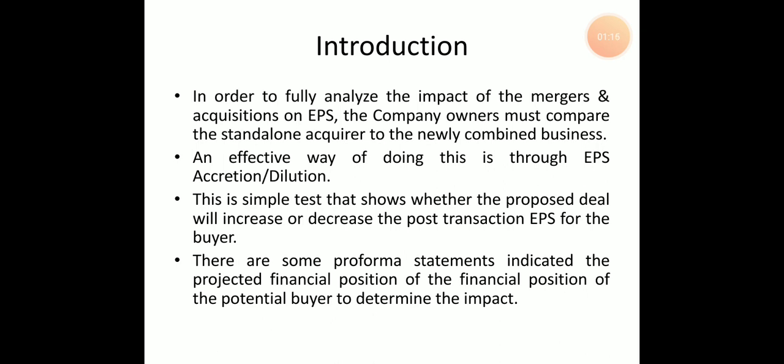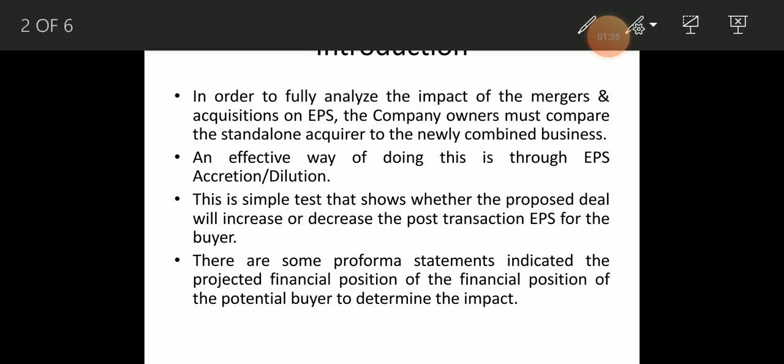So here either there is a positive impact or negative impact. How can we check? An effective way of doing this is through EPS accretion or dilution. Accretion stands for increase and dilution stands for decrease in EPS. This is a simple test that shows whether the proposed deal will increase or decrease the post-transaction EPS for the buyers.